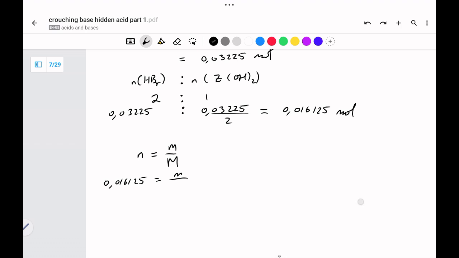The molar mass of zinc hydroxide is, one second, let's pull up.